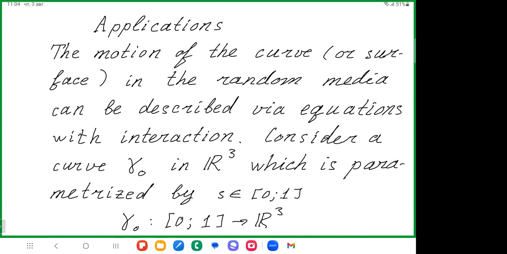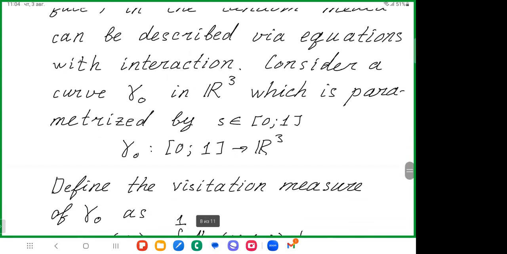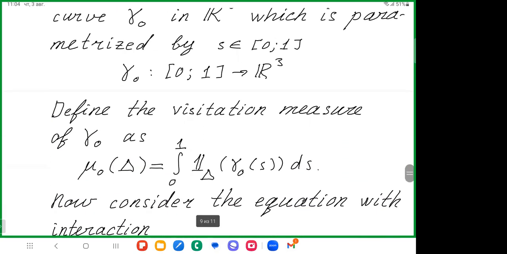Suppose we have some flow of liquid and put our curve in this flow. But from the other side, it interacts with the other points of the curve. So we have interaction, and we have the influence of random media.